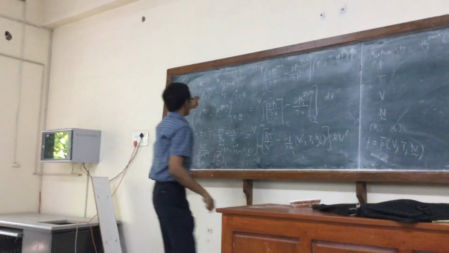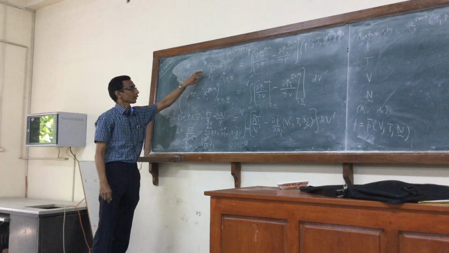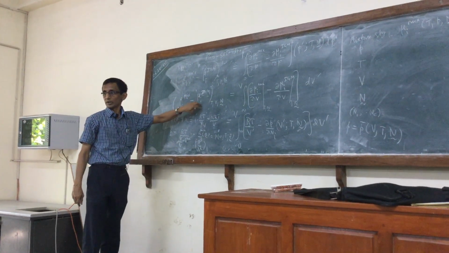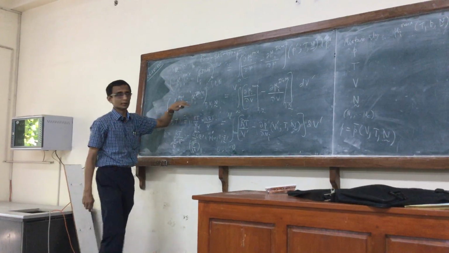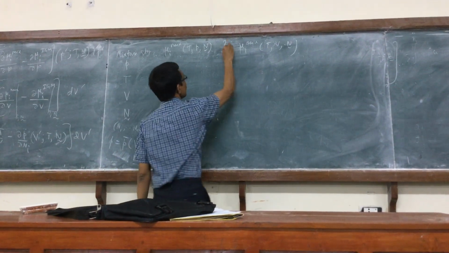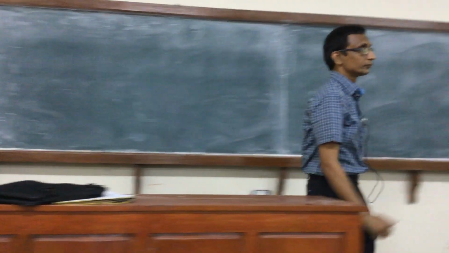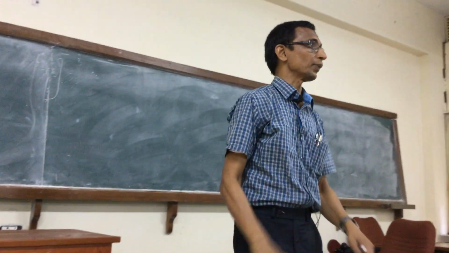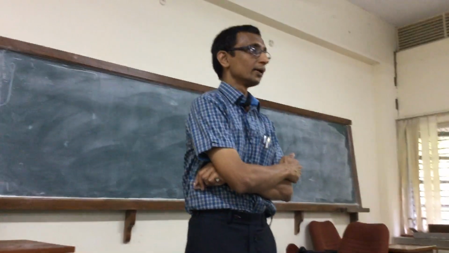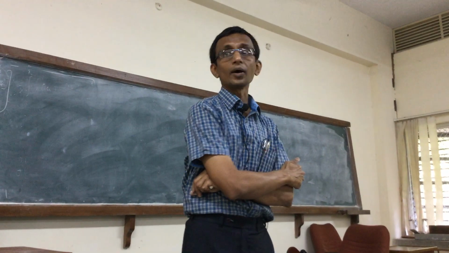Now there are four quantities here. I can compare this and this, and I can also compare this and this in the two expressions. So now the familiar question: is this equal to or not equal to each other? Is mu i mix evaluated at T, P and N the same as that evaluated at T, V and N or not?